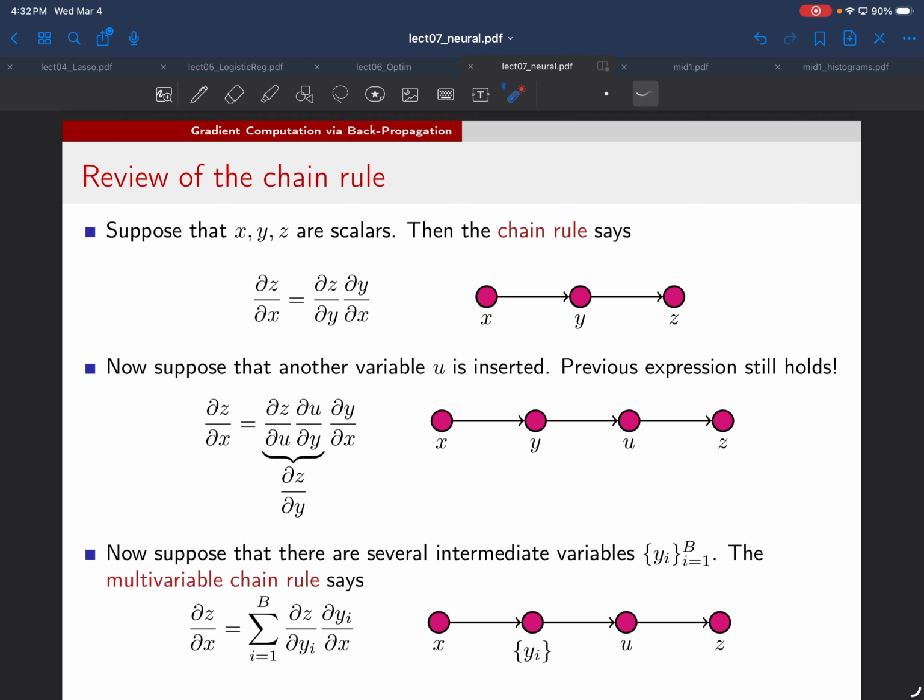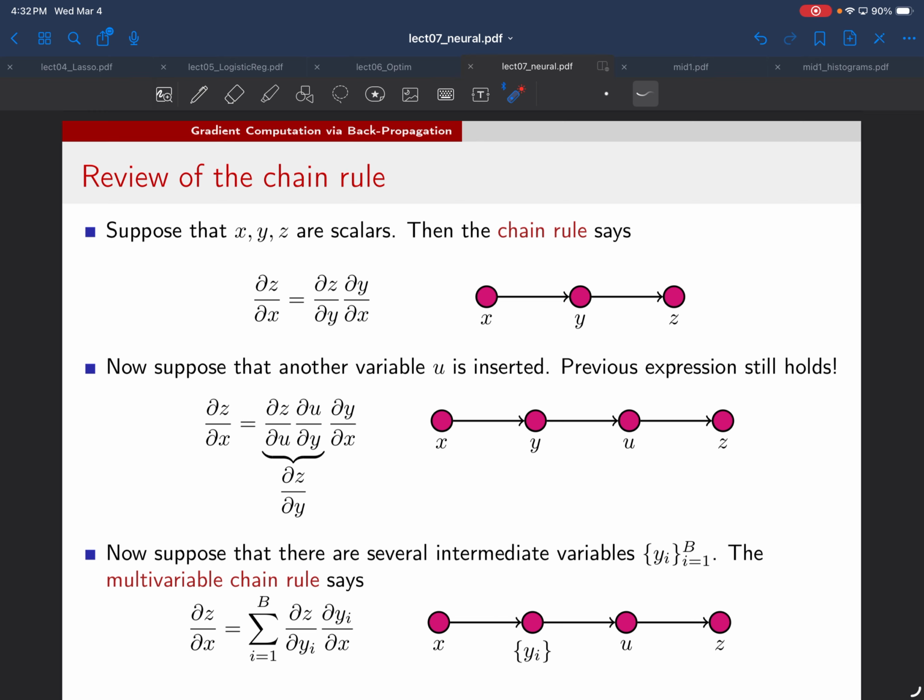But because these are equivalent, if we don't want to involve u in our computations, we don't have to. I can choose to do dz/dy times dy/dx if that's more convenient. So I'm just taking this in one big jump rather than breaking it into smaller sections. Okay, so keep that in mind.